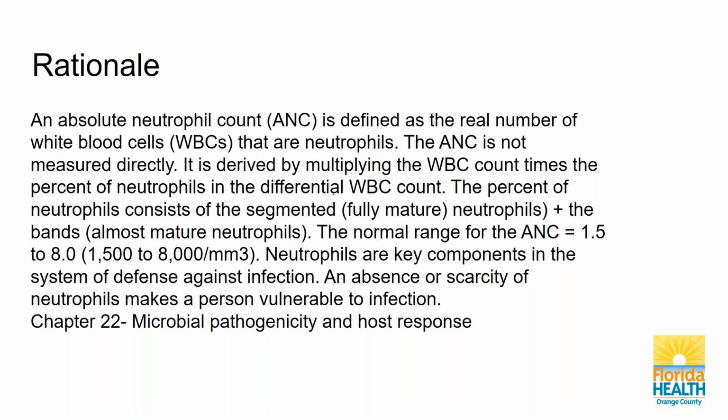The normal range for the ANC equals 1.5 to 8.0, or 1,500 to 8,000. Neutrophils are key components in the system of defense against infection. An absence or scarcity of neutrophils makes a person vulnerable to infection. And this is from Chapter 22, Microbial Pathogenicity and Host Response.